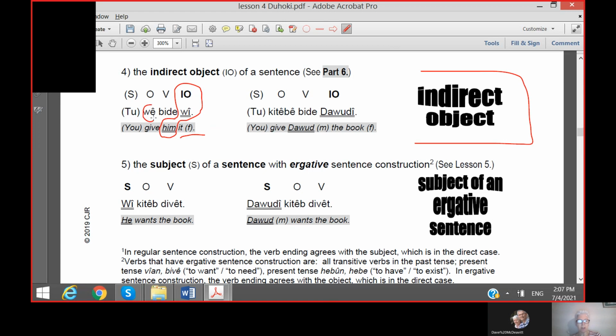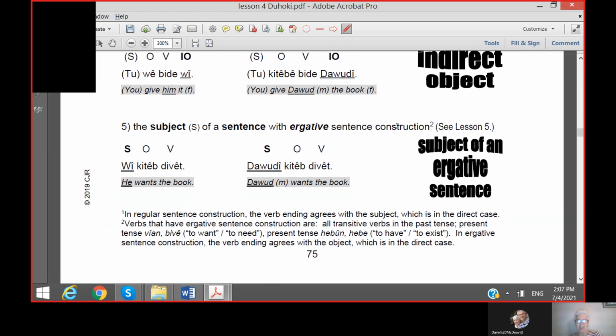We're not talking about that right now. That is also in the oblique case. But the indirect object, give him it, give it to him, is always in the oblique case. And again, you can spell it out. Give the book to Dawood, or give Dawood the book. You put that oblique case ending on Dawood, and that's our indirect object. Kitebe bida Dawoodi. Dawoodi is the oblique case indirect object.